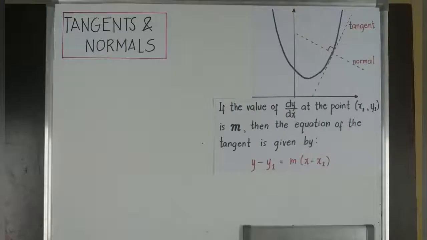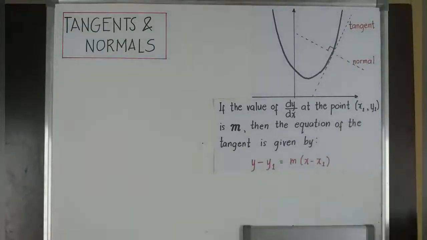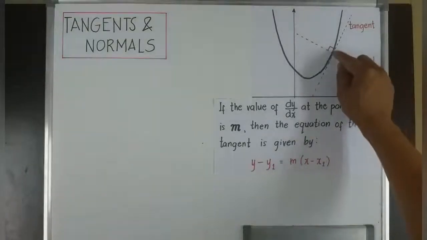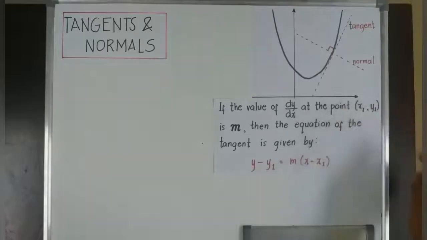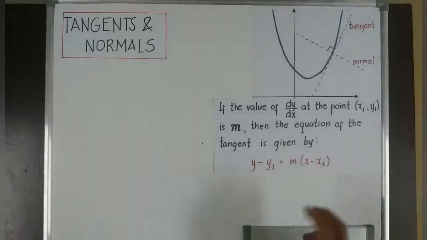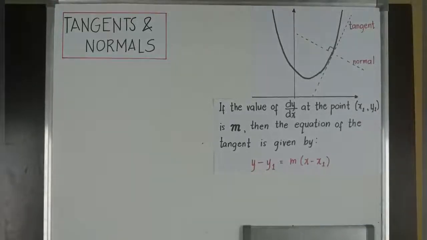If the value of dy over dx at the point x1, y1 is m. What is point x1, y1? The point of tangency. Whatever is that point where the tangent touches is the x1 and y1. Remember, a point is usually written as x, y, so whatever the x coordinate and the y coordinate are, you get the values of x1 and y1.